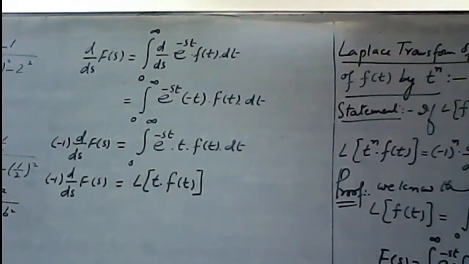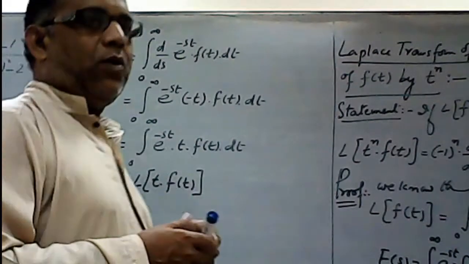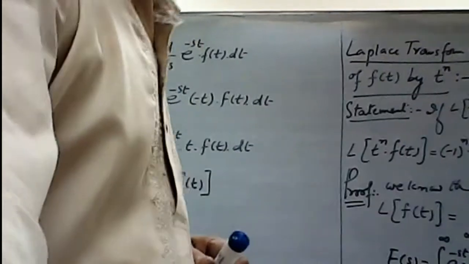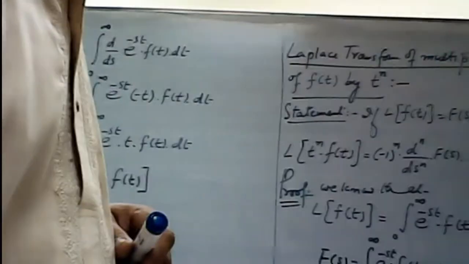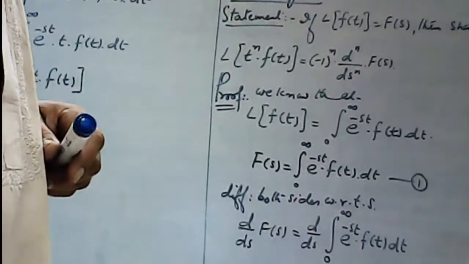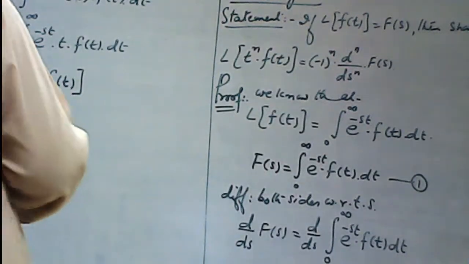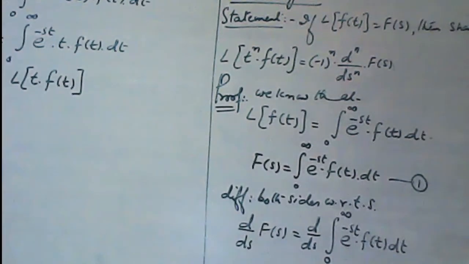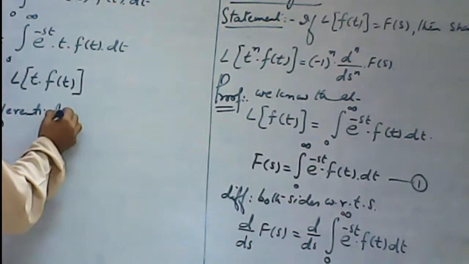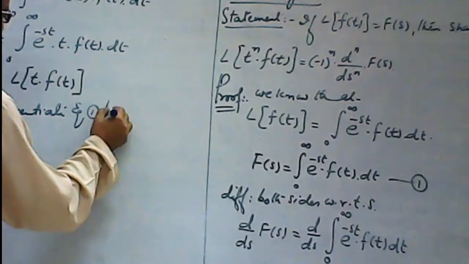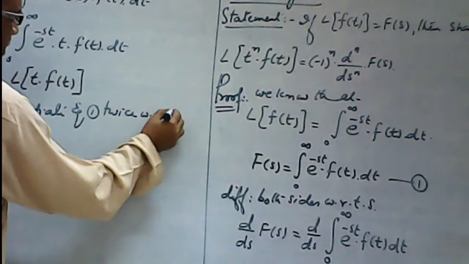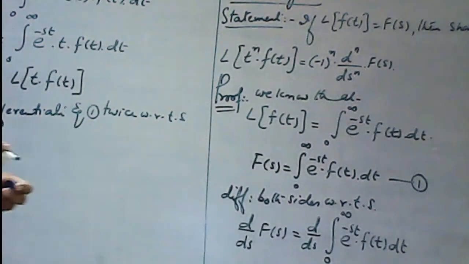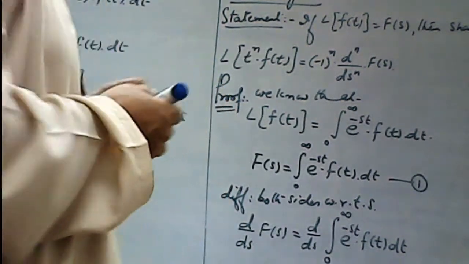Here n equal to 1. So now from here I am taking the help that if I differentiate equation 1 twice with respect to s, then what happens?